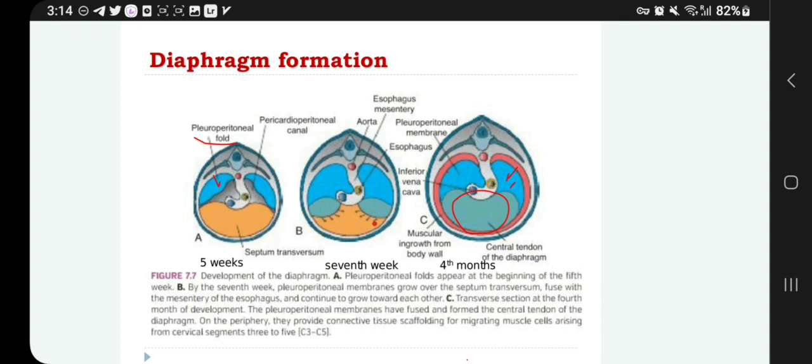But what happened to the mesentery of the esophagus?